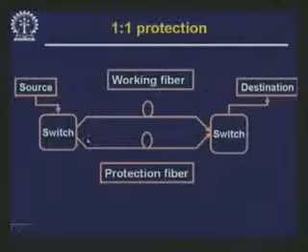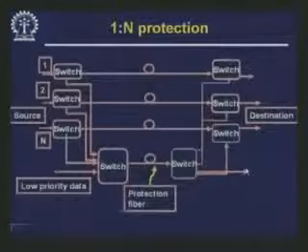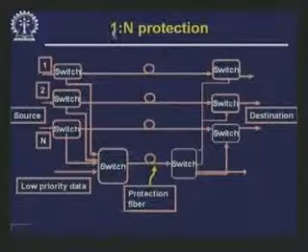I mean, you can use this to send some other channel or some other information, etc. So, that is why this is a shared mode of protection, and generalizing this, we get the 1:n protection, where n lines are sharing one protection line for protection.